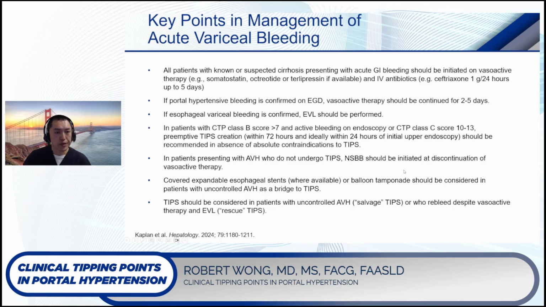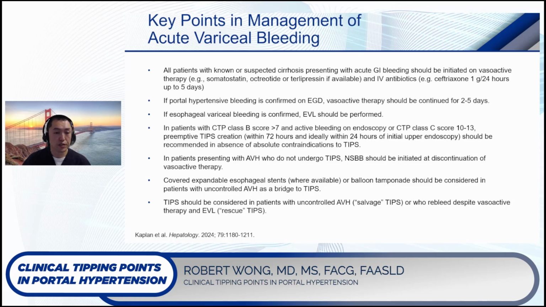Here are some key points just to summarize the management of acute variceal bleeding. As I mentioned, key first steps are resuscitation, vasoactive agents, antibiotics, and then the application of endoscopy. An early endoscopy is appropriate, and if possible, endoscopic variceal ligation for hemostasis should be pursued.